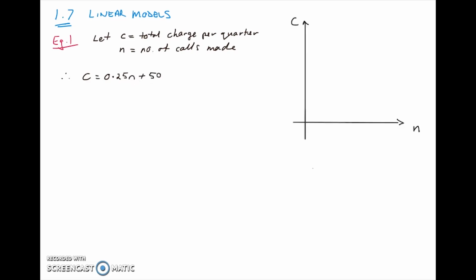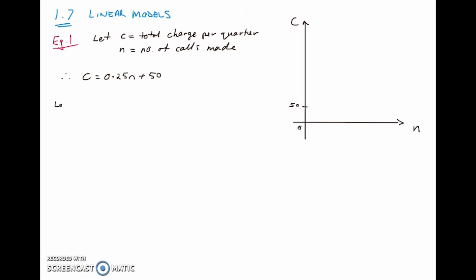That's a linear function, so we can graph it. We can see our y-intercept is 50 and our gradient is 0.25. So we need to graph that somehow. We're going to mark in our 50. It's not very easy to work out the gradient, but we can find another point on the graph.